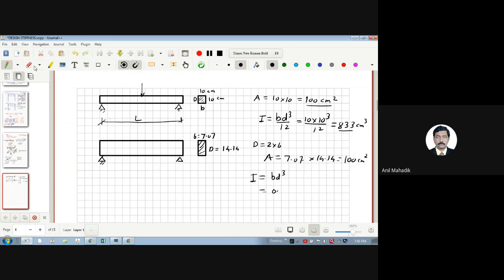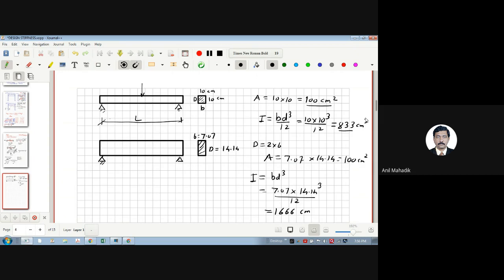Okay, so B should be 7.07 into 14.14 cube divided by 12. BD cube upon 12. So it will be something near 166 cm.